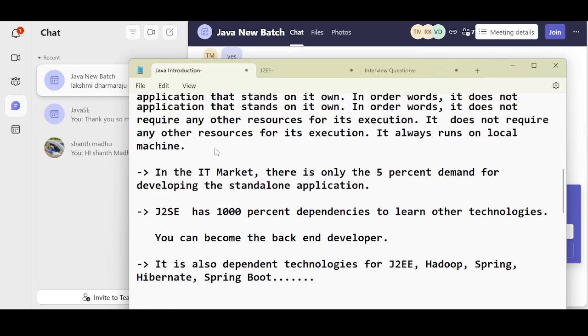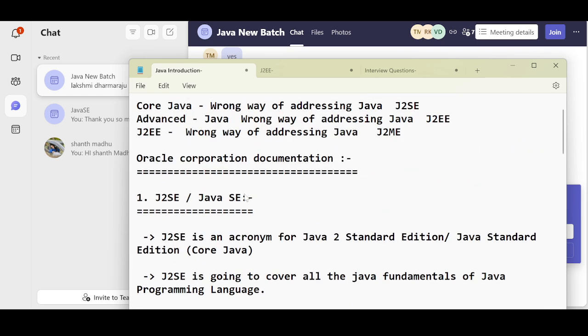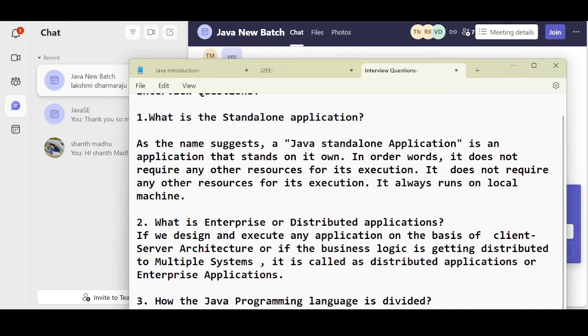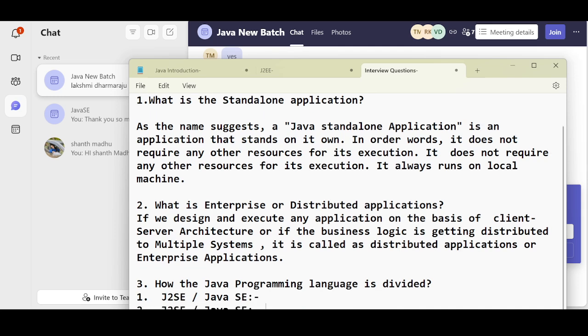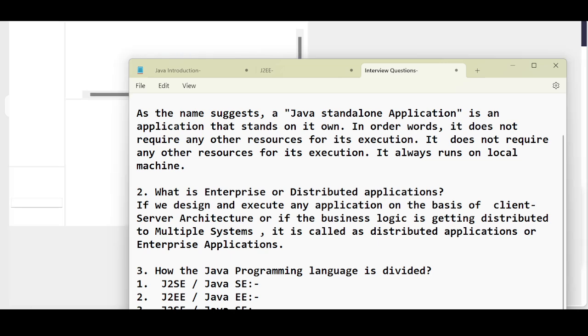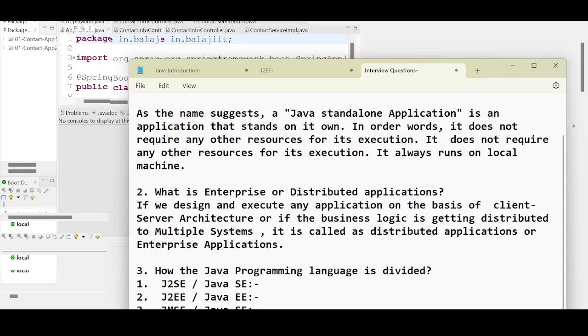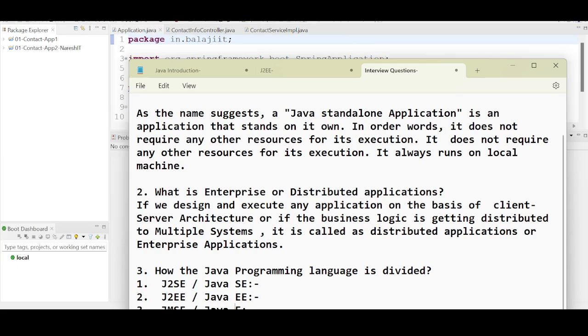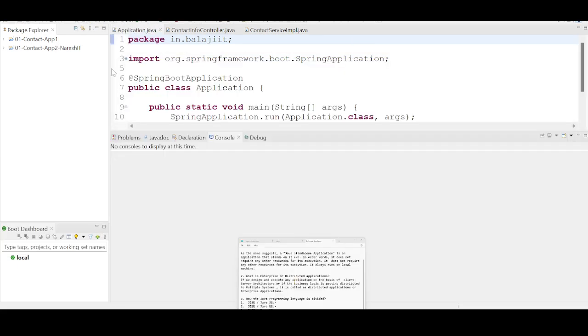It is three: Java 2 Standard Edition, Java 2 Enterprise Edition, and we have Java 2 Micro Edition. EE is for developing the distributed applications. SE is for developing the standalone application, and ME is for developing micro applications or mobile applications. Three popular interview questions on the very first day.